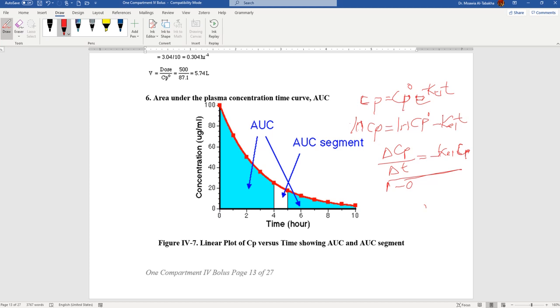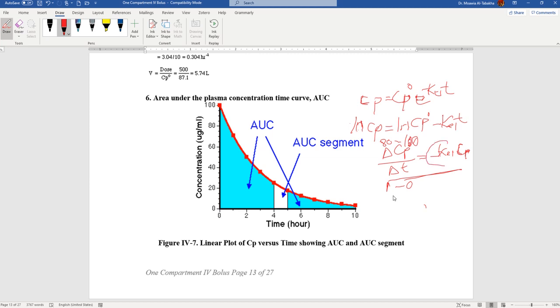So I'm talking about what happened in the change of concentration during 1 hour. What is delta Cp? Delta Cp is the concentration at 1 hour, for example, let's say it's 80, minus the concentration at 0 hour, let's say it was 100.